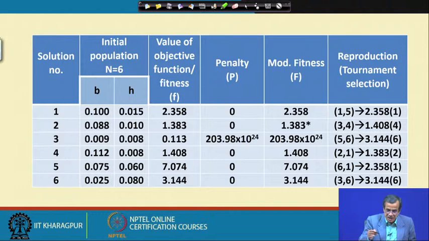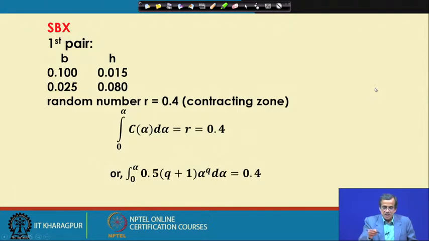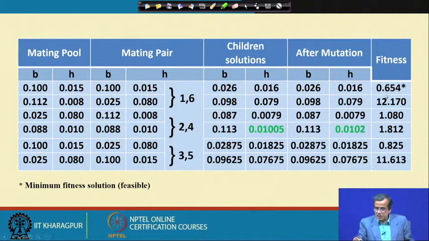In the initial population, this was the best solution, 1.383, the best feasible solution. Now, after the first generation, let us see the better solution, that is 0.654. So, this solution is found to be better compared to the best solution of the initial population.